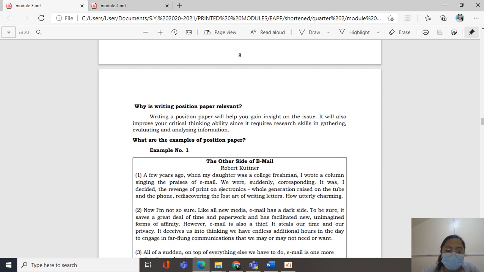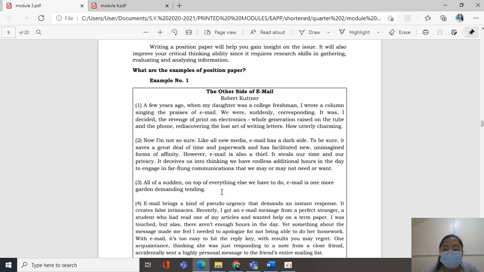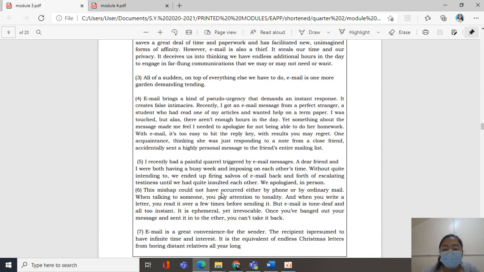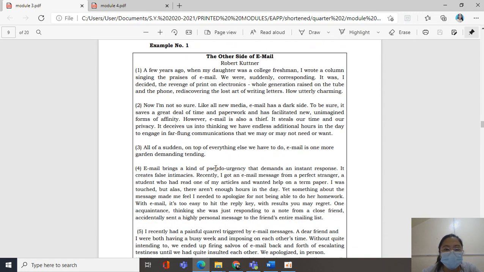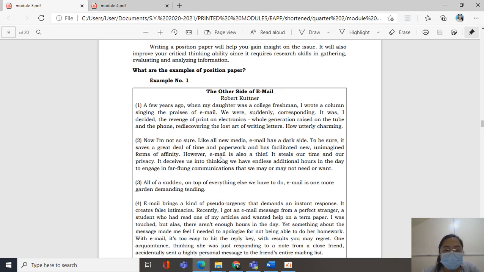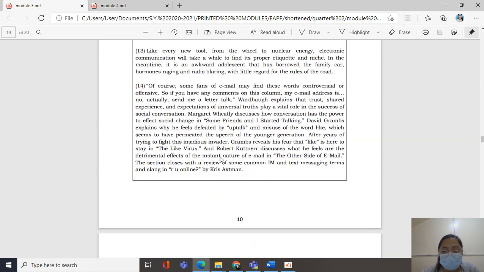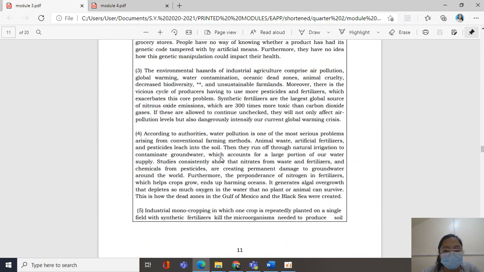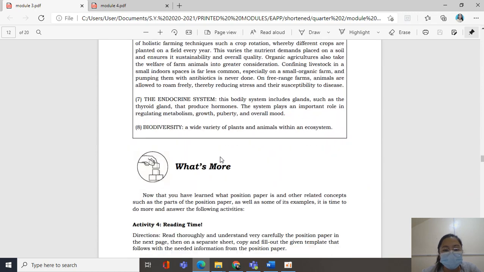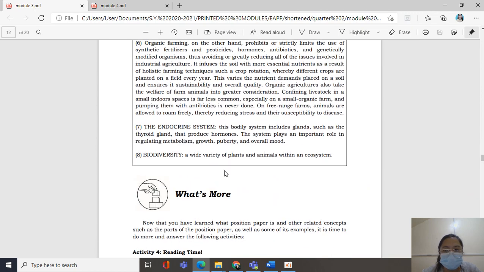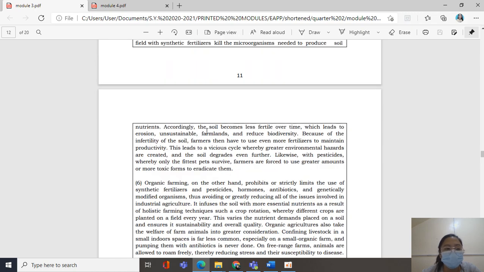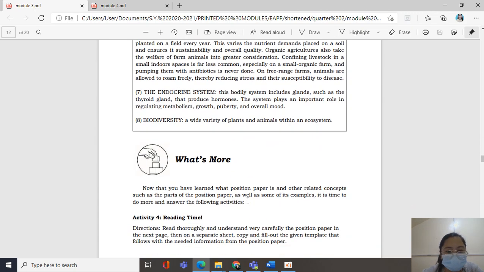And I have here various examples of a position paper. Please spend your time, I think maybe 1 hour, reading this and try to comprehend the different samples of position paper and try to compare and contrast them.